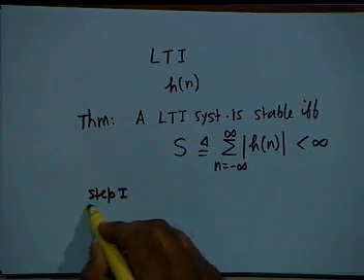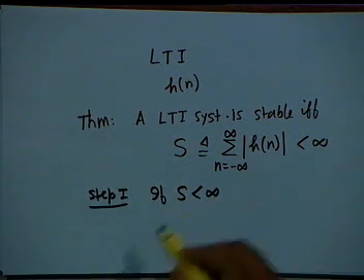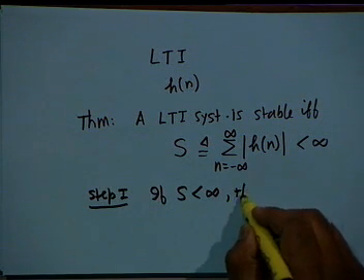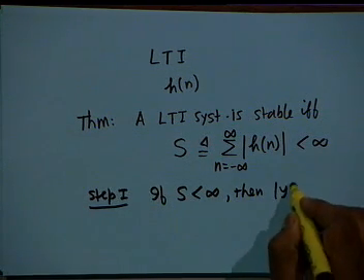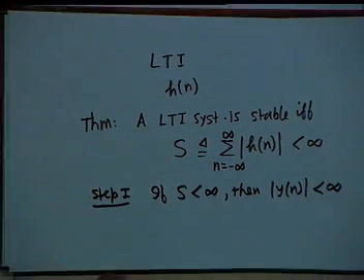That is, step 1, we prove that if S is less than infinity, then magnitude, absolute value of y of n is also less than infinity.